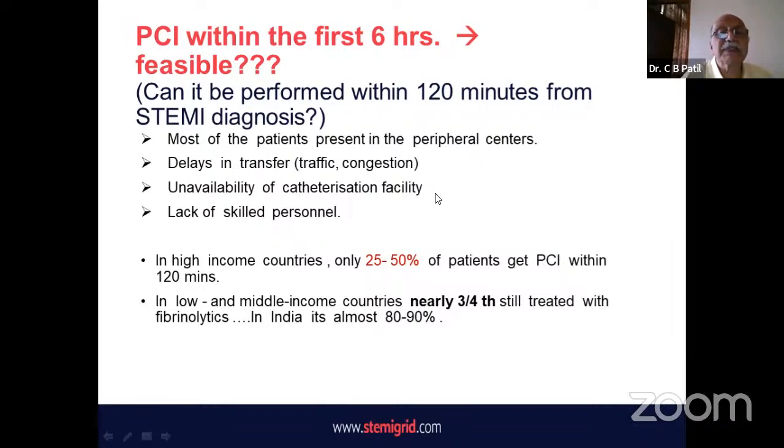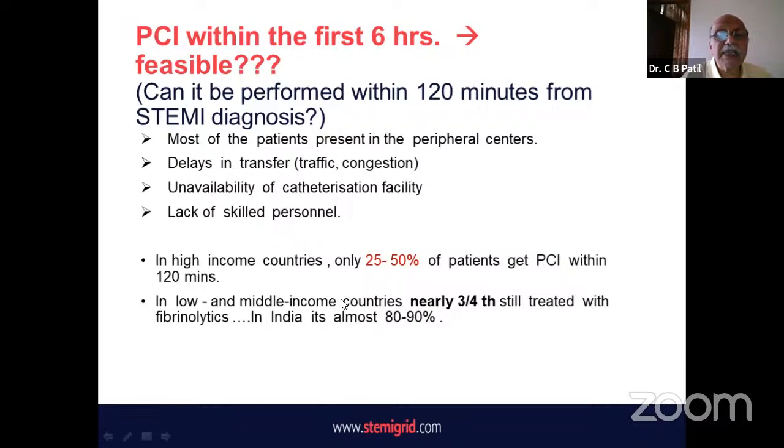Unavailability of a catheterization facility there, lack of skilled personnel who can do the primary PCI. Whereas, as you saw, even in high-income countries, only 25 to 50% of patients get primary PCI within 120 minutes. That is even in high-income countries like European countries and America.